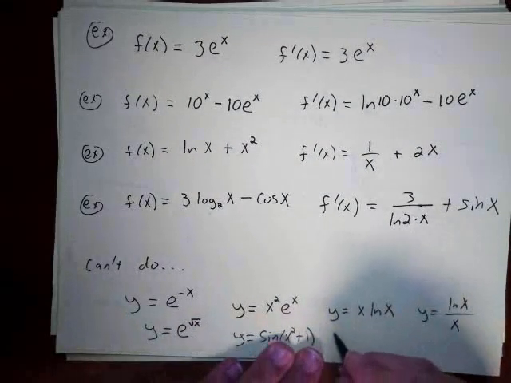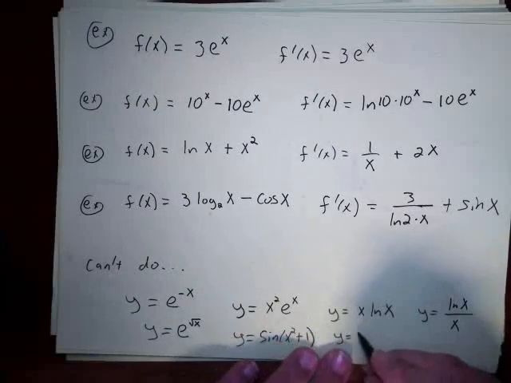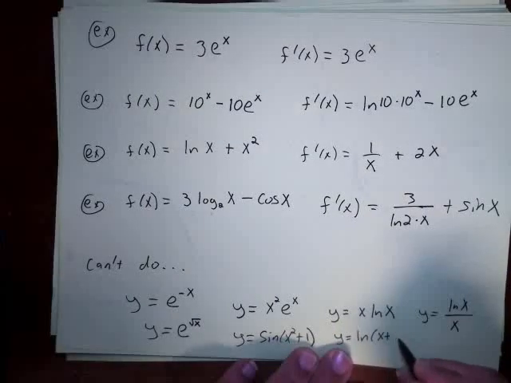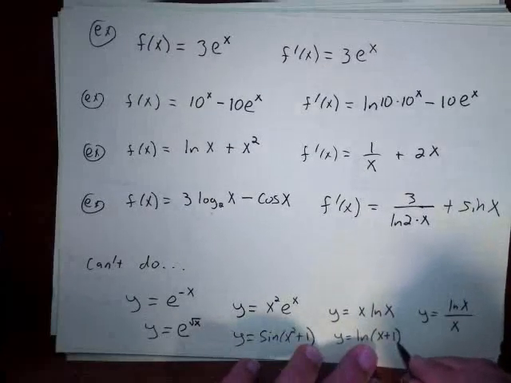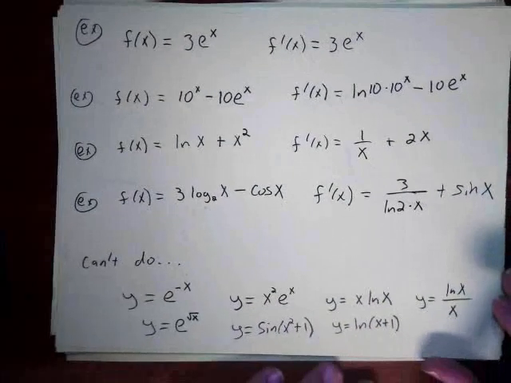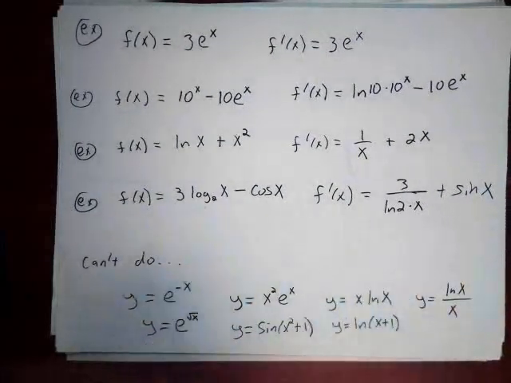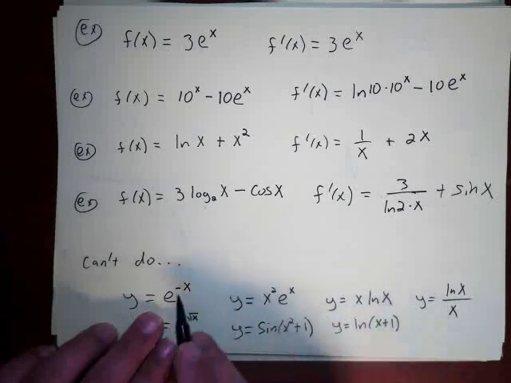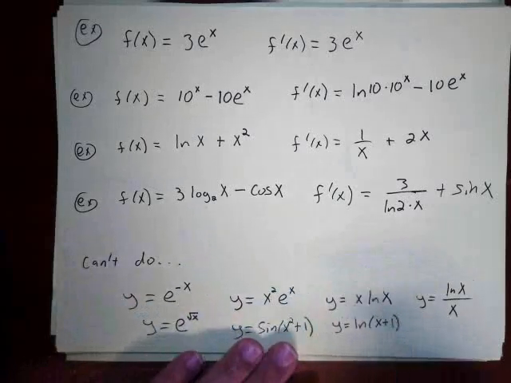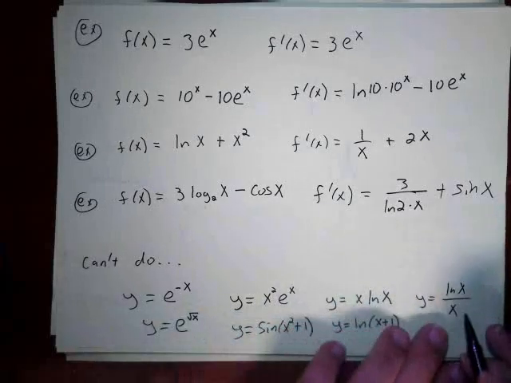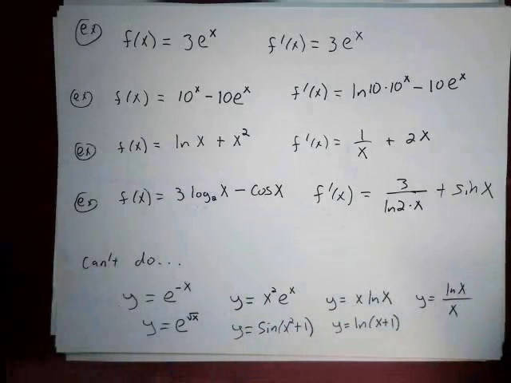Or I couldn't do y equals even something as simple as the natural log of x plus 1, technically, because this is another function inside a function. Okay, there's a lot of stuff I can't do, but you can see the problem here is when I have a composition of two functions, I can't do it. If I have a product of two functions or a quotient of two functions, I can't do it.